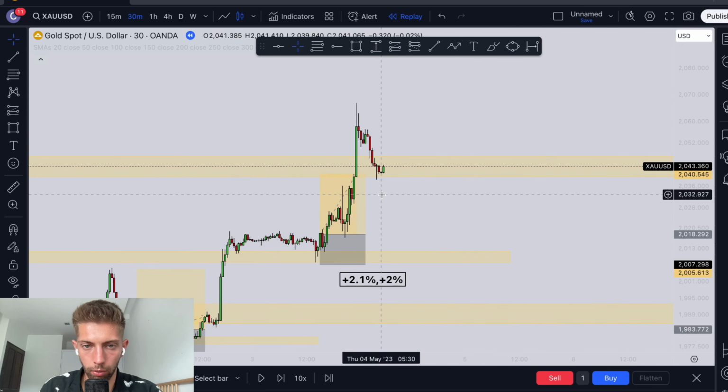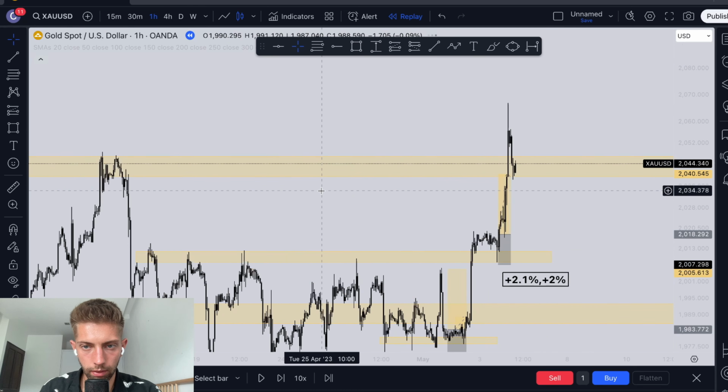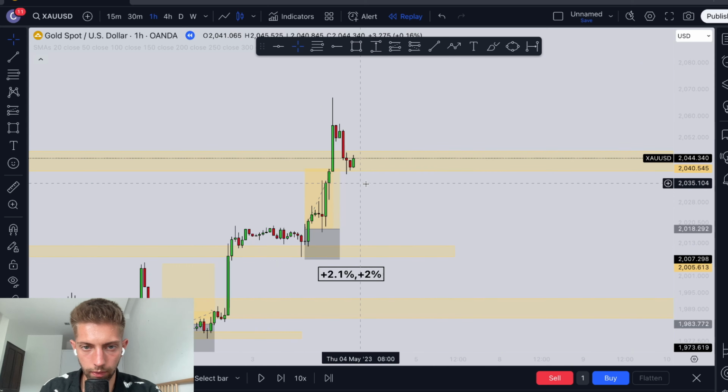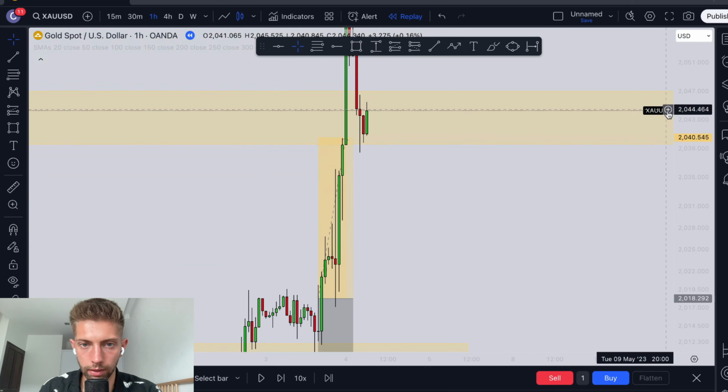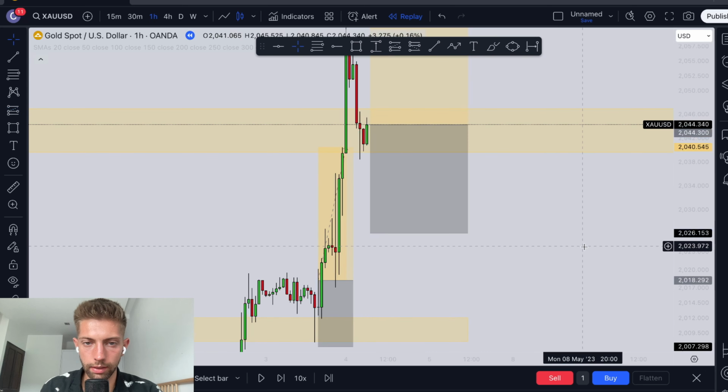We broke our major level. Let's see how we're looking on H1. Okay, we broke it. We're now retesting it, and price gave us our engulfing candlestick.